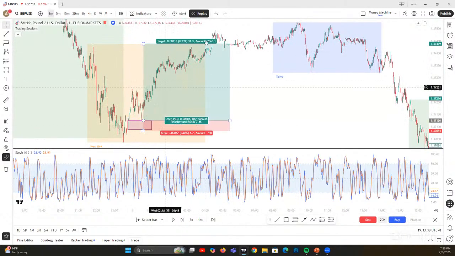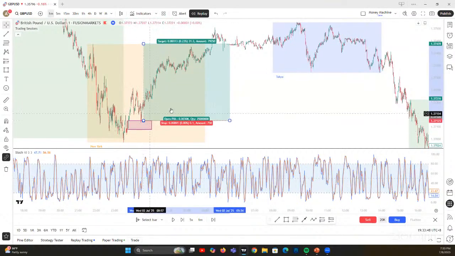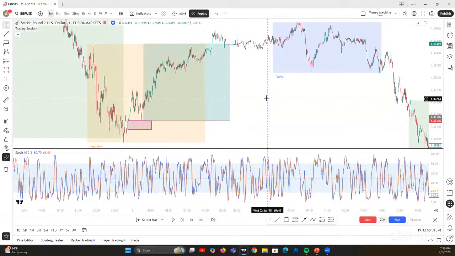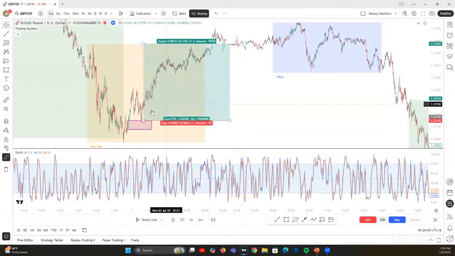Your stop loss is safe, or maybe before you sleep, you move your stop loss to break even. Then yes, you can sleep now because your stop loss is on break even, and not a single dollar will go out of your fund.